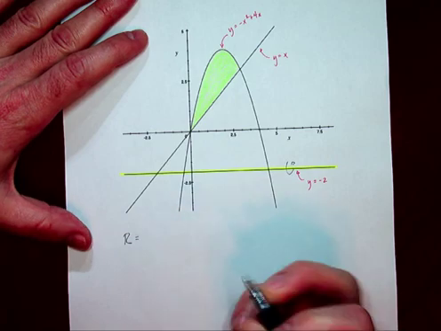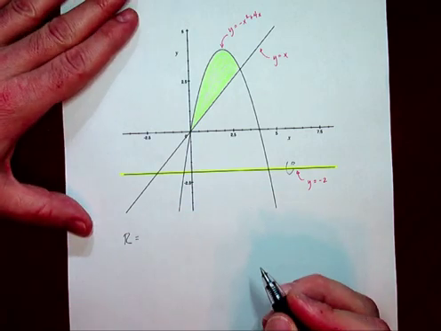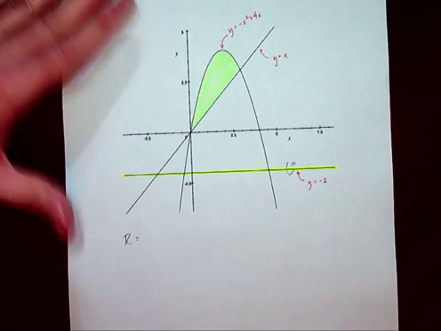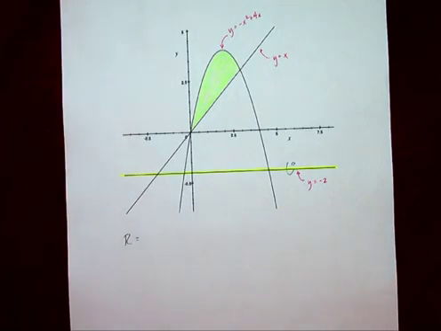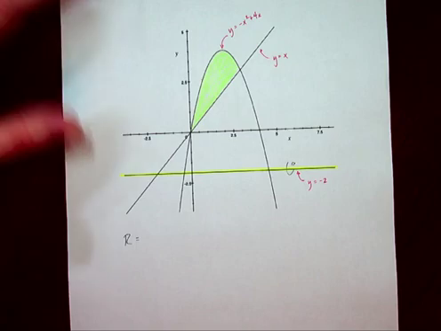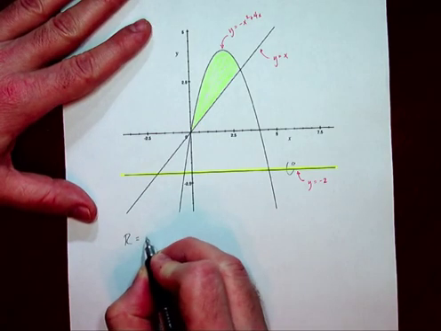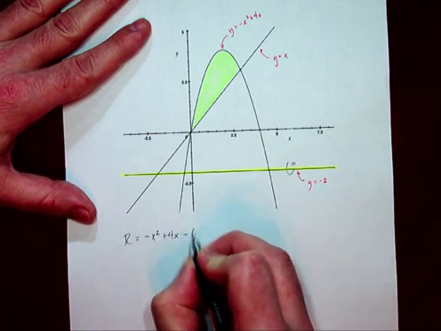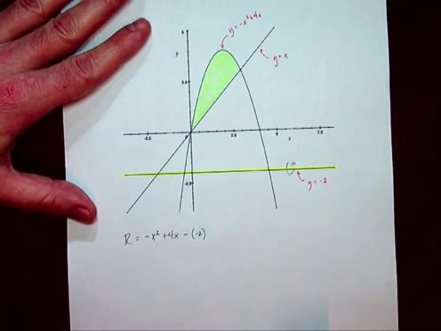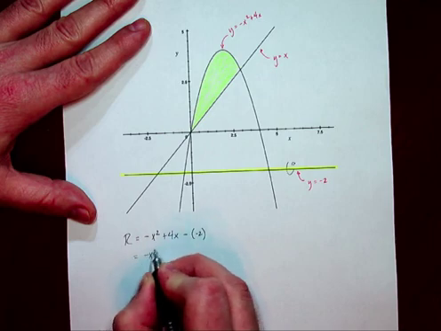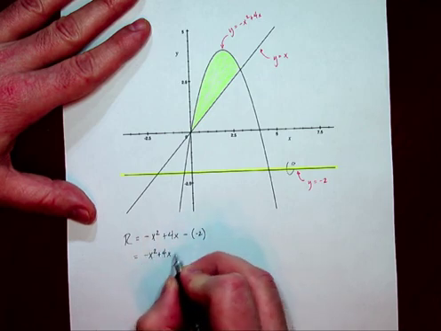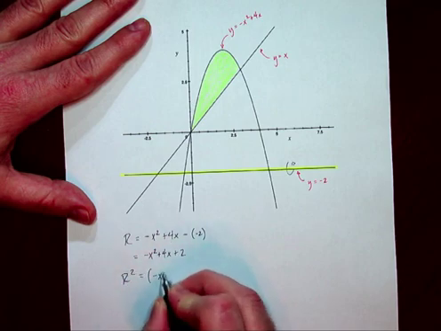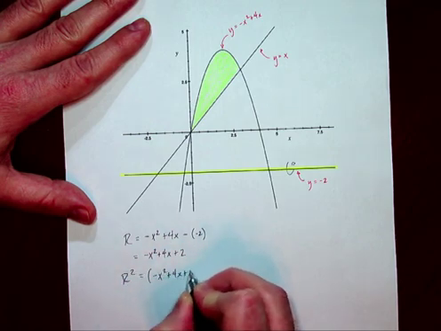And you can actually do it either way because, of course, you're going to be squaring it. And when you square it, any sort of negative will get unnegativized, right? So let's just do negative x squared plus 4x minus a negative 2. Okay, well that simplifies to negative x squared plus 4x plus 2, and therefore my big R squared is going to be negative x squared plus 4x plus 2 squared.